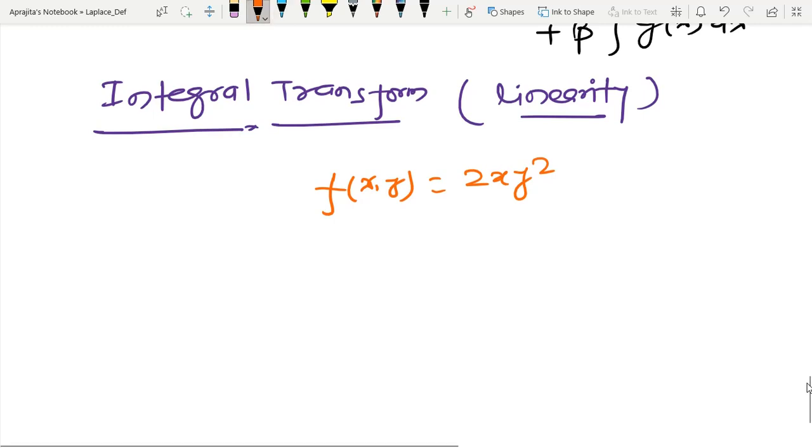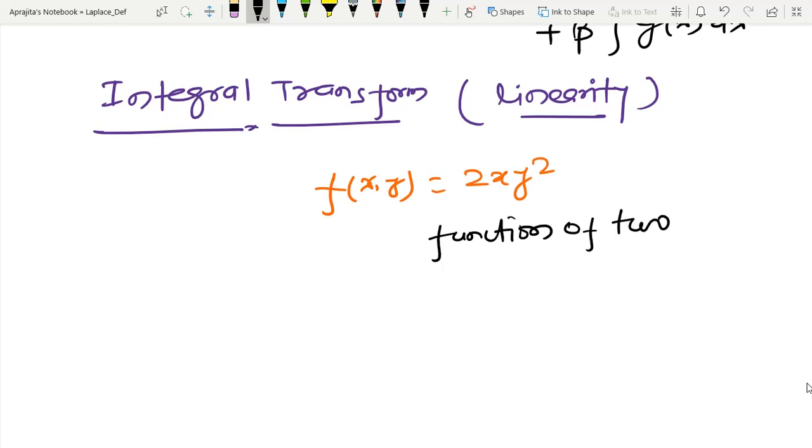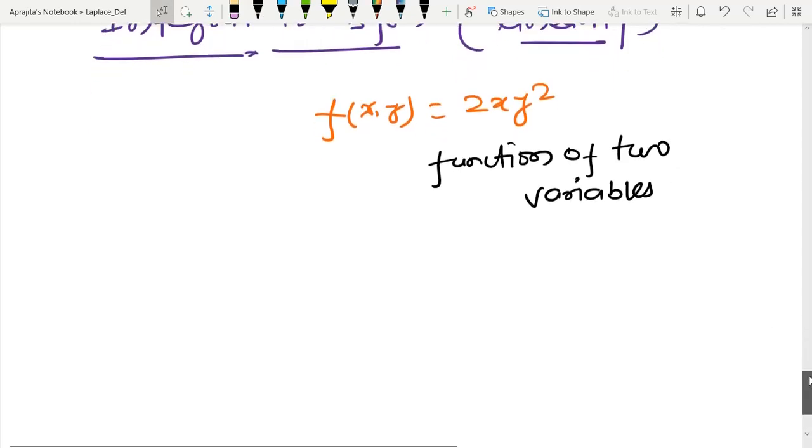So I am going to talk about functions of two variables, and now what I am going to do is hold one variable, and after that apply the integral transform with respect to another variable.